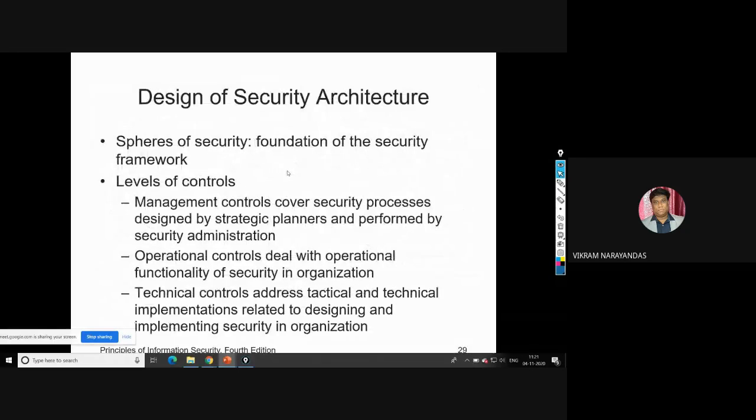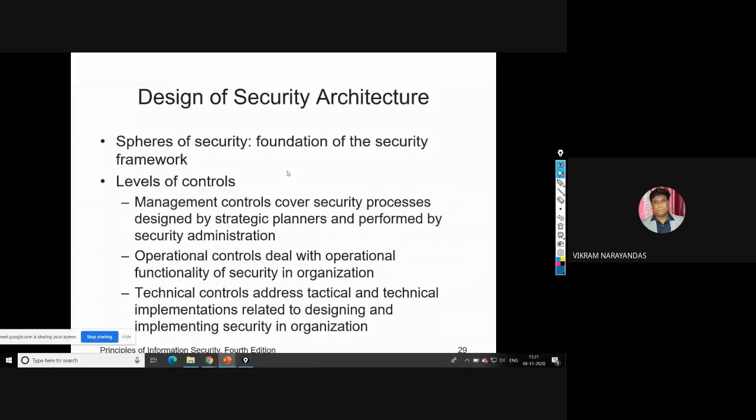So yesterday we started the design of security architecture, and the levels of controls for the spheres of security, which is the foundation of the security framework. Management controls cover the security processes which are designed by the strategic planners and performed by the security administrators.